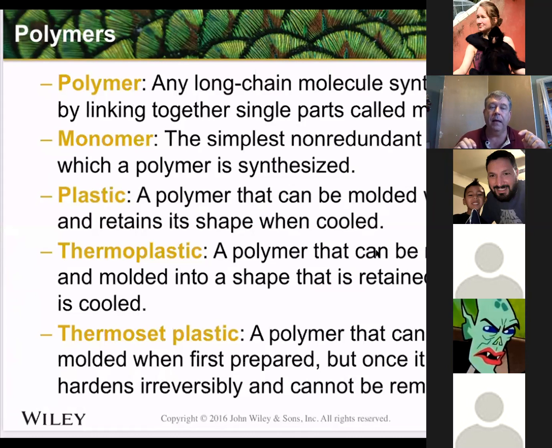Now, because of this, there are also some subclasses of polymers. The first thing we want to do is define plastic, okay? Plastic is a generalized term for a polymer that can be molded when it's hot and then retains its shape when cold. So plastic bags are actually made by blowing, and your plastic bottles, the PET bottles, are also available to us through that molding process.